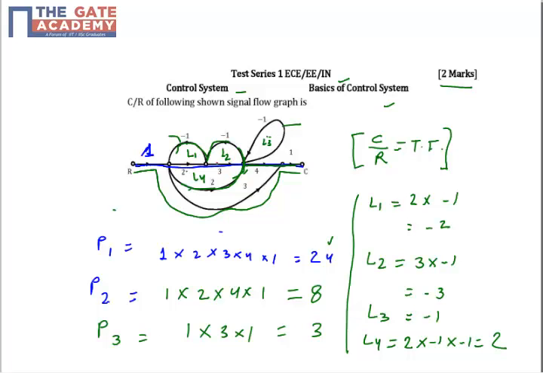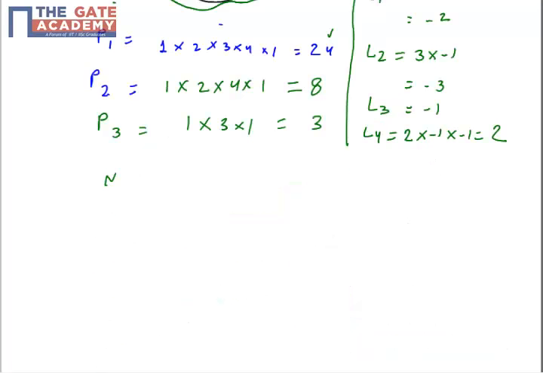So the non-touching pair is L1, L3. What is the value of L1? -2, and L3 is -1, so -2 into -1, which is 2.